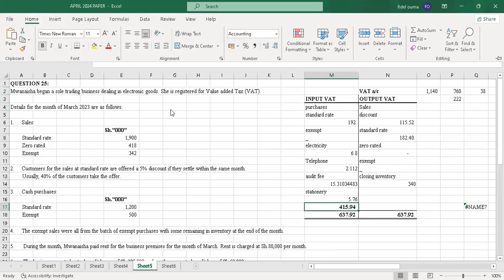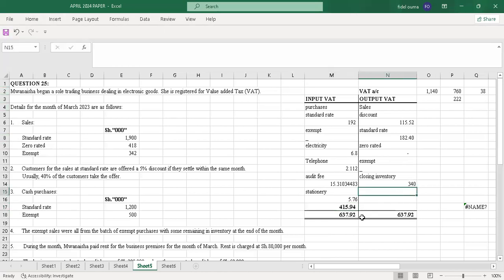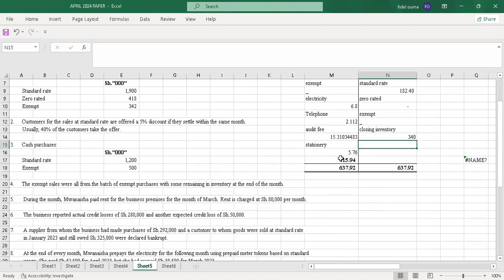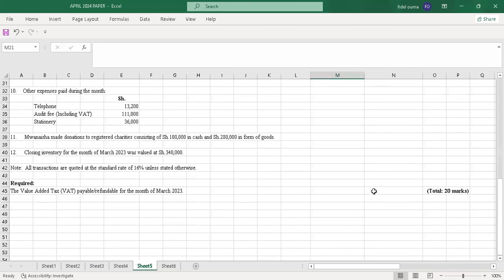So I'll bold it. So it balances the VAT. So there was a VAT payable of 415.94. So that's how you are supposed to do this question.